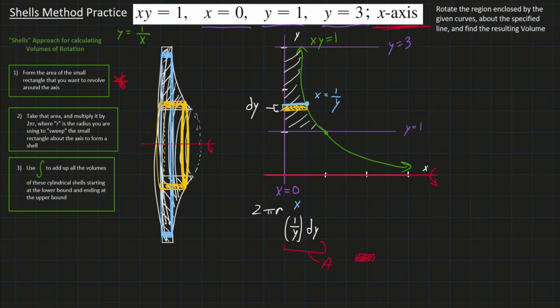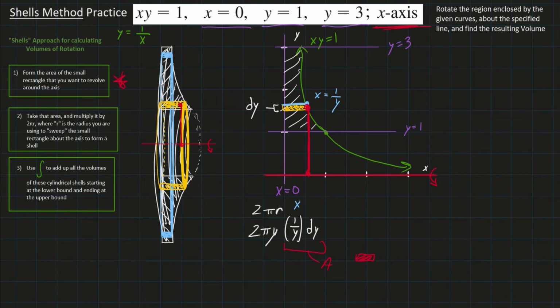So let's find this r that we're using to swing that rectangle around the x-axis. So my model, here it is for the orange. And on my graph, here it is. So this red line looks to be the y-coordinate of this green point right here. So 2 pi y should do it.